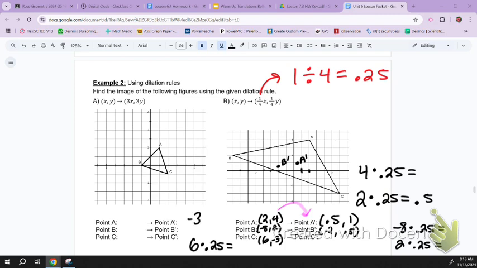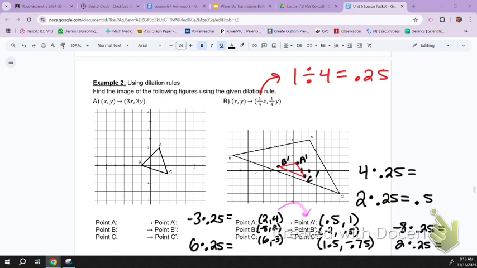I'm going to do -3 times 0.25 to get point C. This one's got 1.5 and -0.75, which I know is a little trickier to graph. Yep, so 1.5, negative, so it's about here. Do your best to graph it. We'll connect our 3 points, and our triangle got smaller.